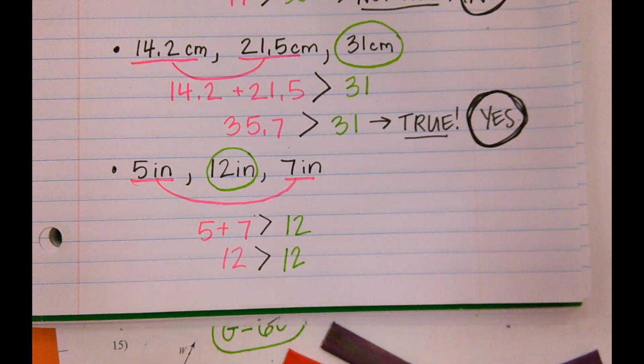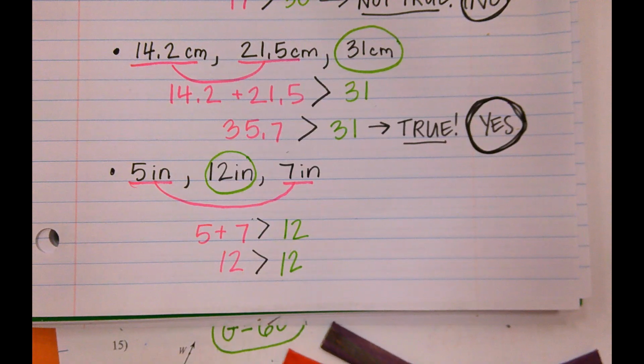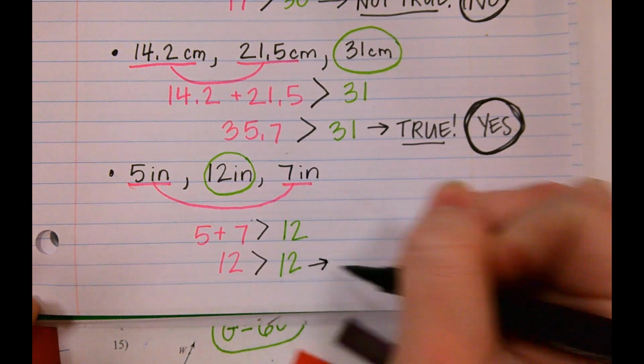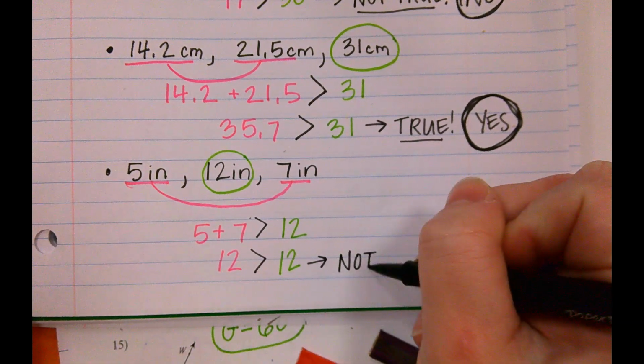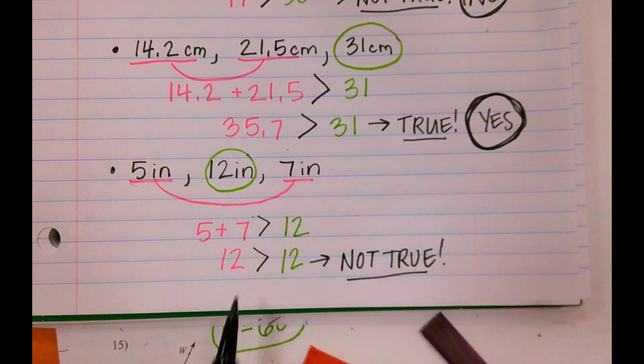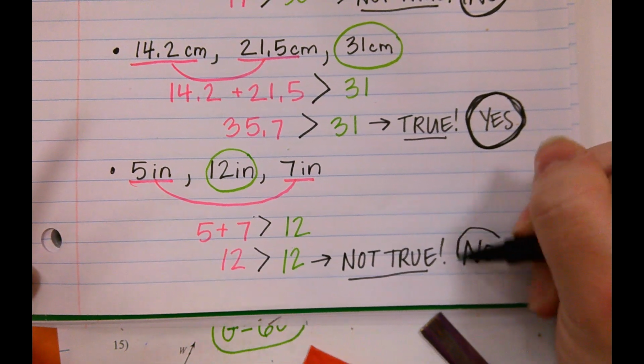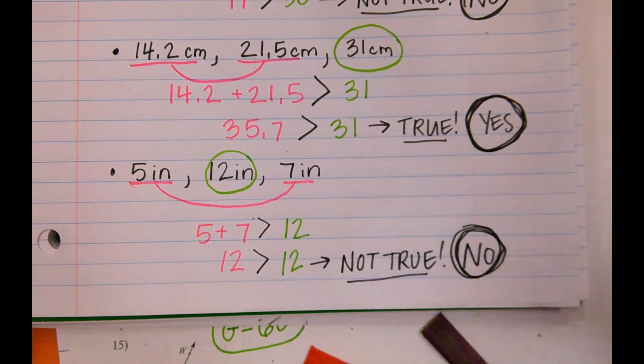Is that true? No, it's equal. 12 is not bigger than 12. 12 is equal to 12. So this is not true. Is this a triangle? No. This statement has to be true for the triangle to exist.